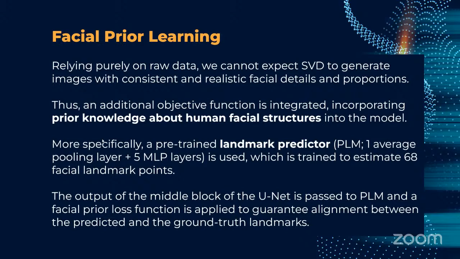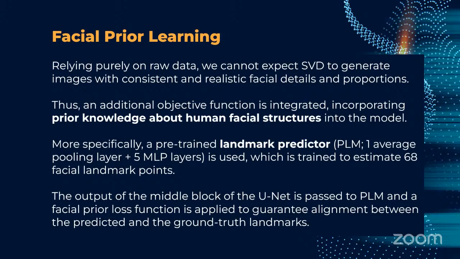So more specifically, to this end, a pre-trained so-called landmark predictor is used, consisting of an average pooling layer and 5 multi-layer perceptron layers. And this landmark predictor is then trained to estimate 68 facial landmark points. So it learns, for example, where a nose is supposed to be in a human face, where the eyes are supposed to be, where the mouth is supposed to be, and so on.